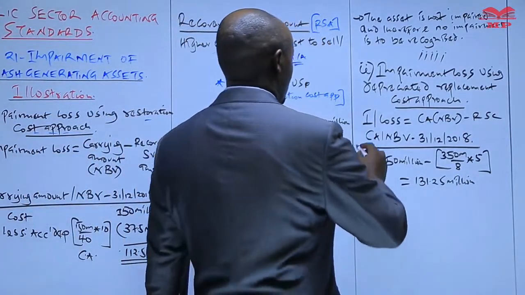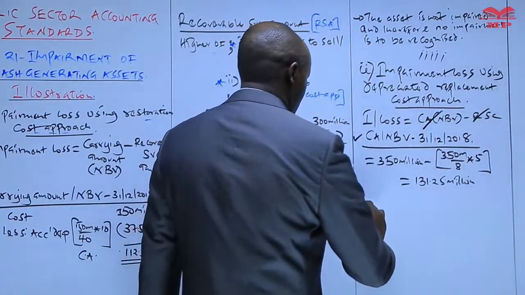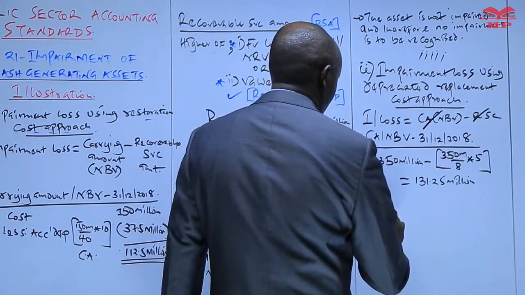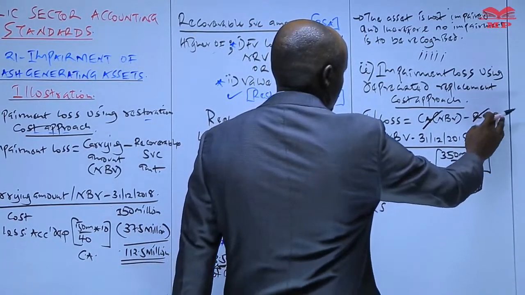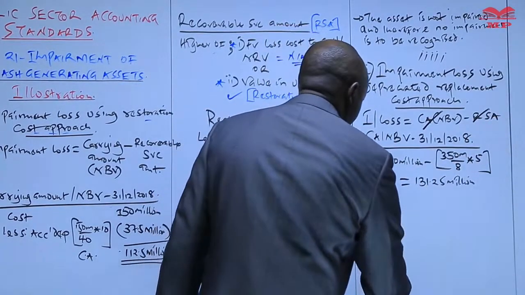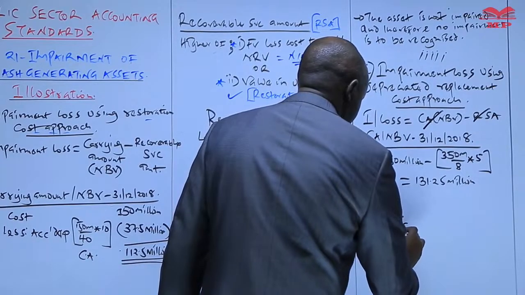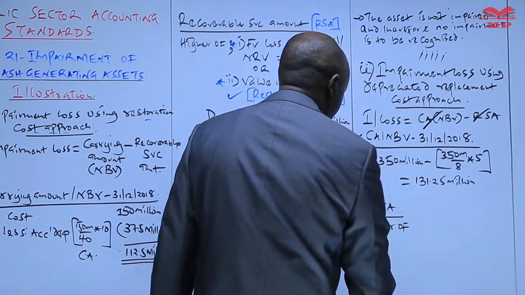Then from there we determine the recoverable service amount. That is the abbreviation for that, recoverable service amount. Basically this is the higher of two values.